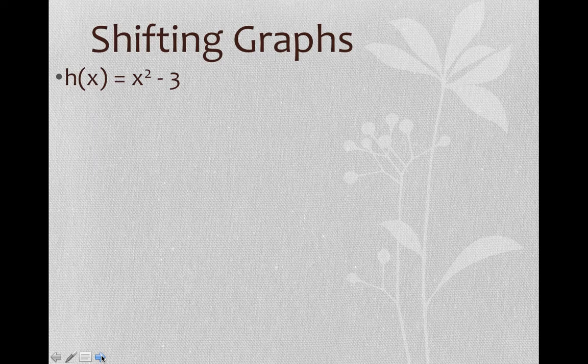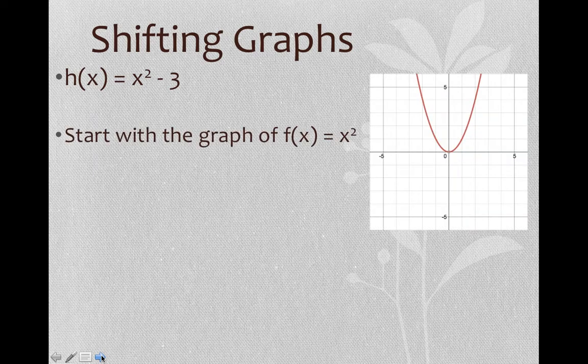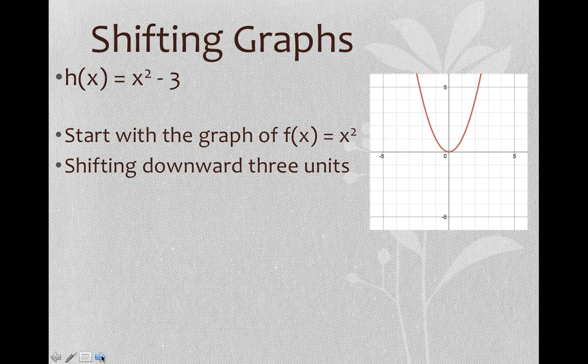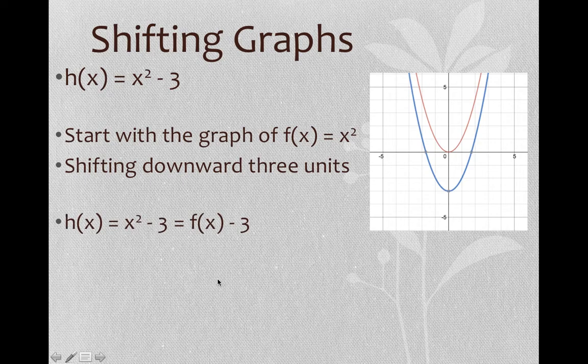Let's look at h of x equals x squared minus 3. We're going to start with f of x equals x squared again, our parabola. We're going to shift this one down 3 units because of the negative 3. Notice that the critical point 0, 0 shifts down to 0, negative 3. So everything is shifting down 3 units because we have the negative 3 on the outside.